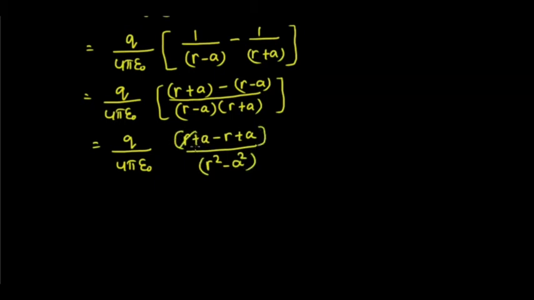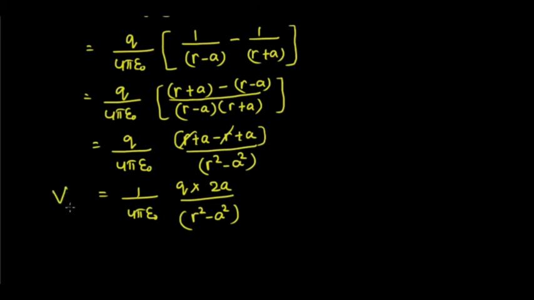So plus R minus R, they will cancel, and you'll get 1 by 4 pi epsilon naught Q into A plus A will be 2A divided by R square minus A square. So we got that V axial is equal to how much? 1 by 4 pi epsilon naught Q into 2A by R square minus A square.